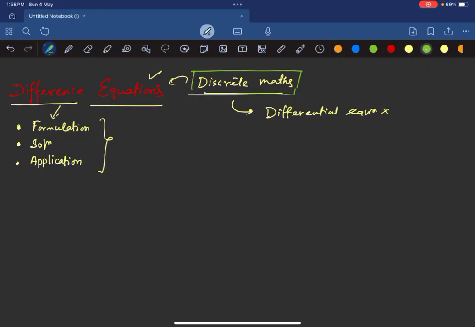In difference equations we have a few important tools. For example, the first tool is known as the forward operator. This delta is known as the forward difference operator.